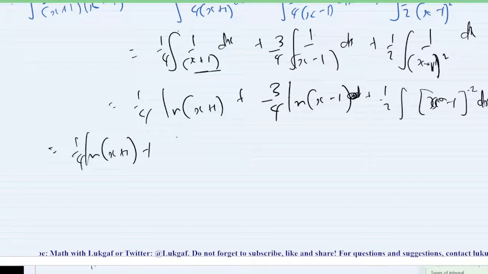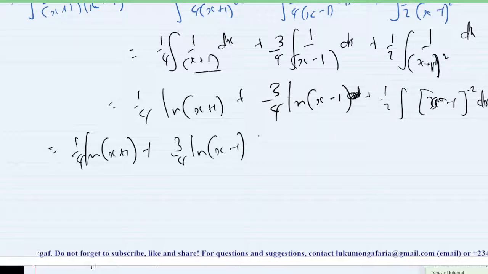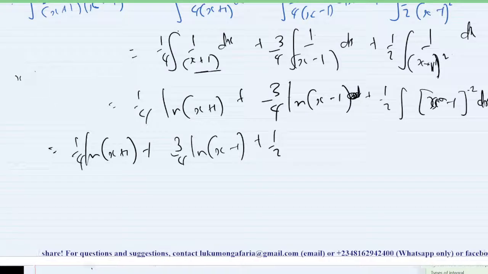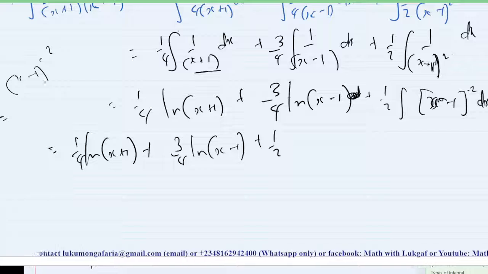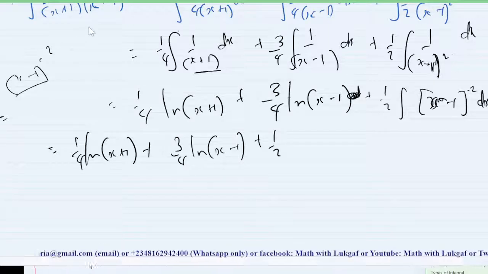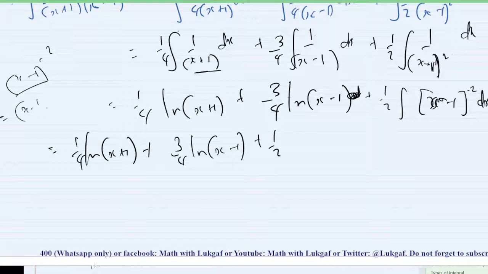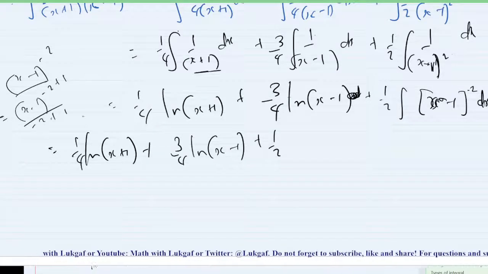Okay, if I take another line, then I'm going to have 1 over 4 ln of x plus 1 plus 3 over 4 ln of x minus 1 plus half. So what is the integral of (x minus 1) raised to minus 2? If you use the substitution method, differentiate this first, that will give you 1. Then integrate, that will give you (x minus 1) raised to minus 2 plus 1 divided by minus 2 plus 1.